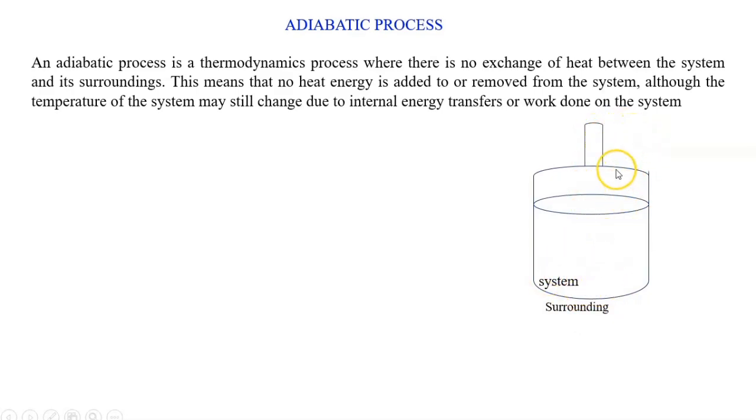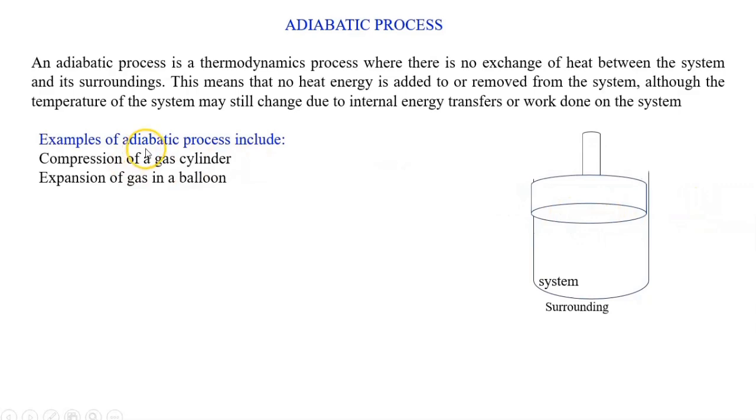If this piston happens to go down, there is going to be work done on the system, which leads to compression. However, if the piston happens to move up, then it is work done by the system, which leads to expansion. Something like this, as illustrated.